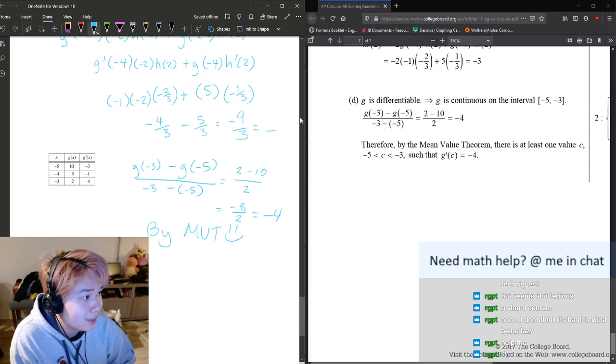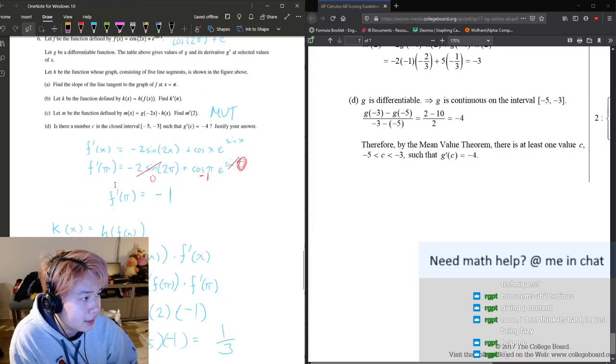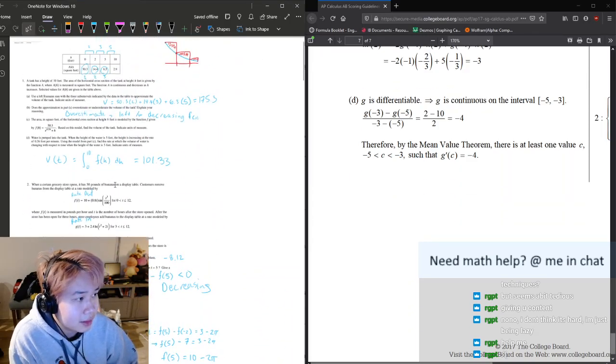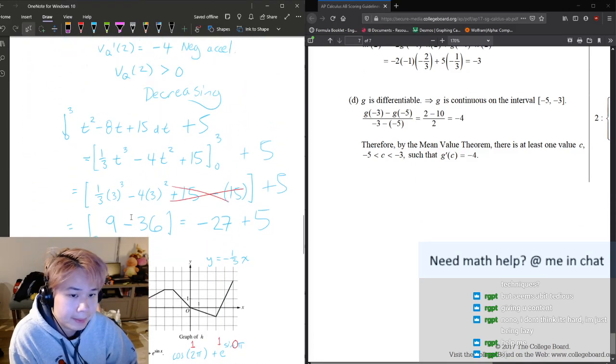And then negative 9 divided by 3 is negative 3. And this one was just MVT, which is easy to show. We did that. So overall, not great, but not bad.